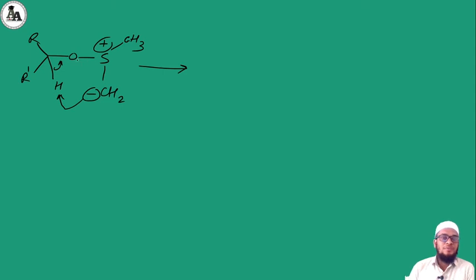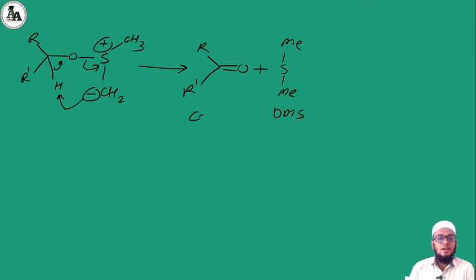Now this bond electron will go towards sulfur to make it neutral, and here we will have R dash R, our carbonyl compound, and DMS, dimethyl sulfide. If this R dash is H, the resulting carbonyl compound is an aldehyde. If it is an alkyl group, it will be a ketone. So this is our mechanism of Swern oxidation.